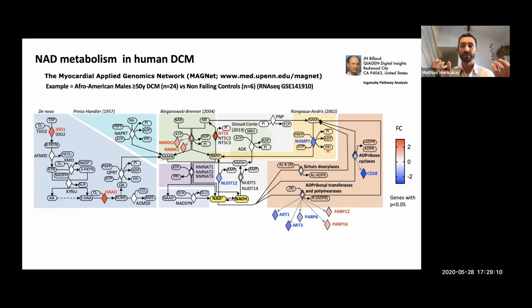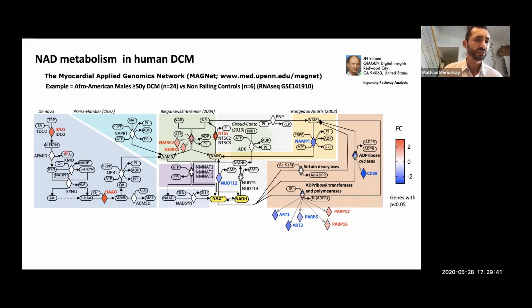So this basic pattern of loss of NAMPT and increase of NMRK2 is conserved, as well as the induction of the nucleotidase I mentioned before. As regards NAD signaling pathways, we found some changes in PARP enzymes going down or up, and CD38 is clearly, robustly and systematically downregulated in these patients. That is true in other groups beyond Afro-American males, including white Caucasians as well.